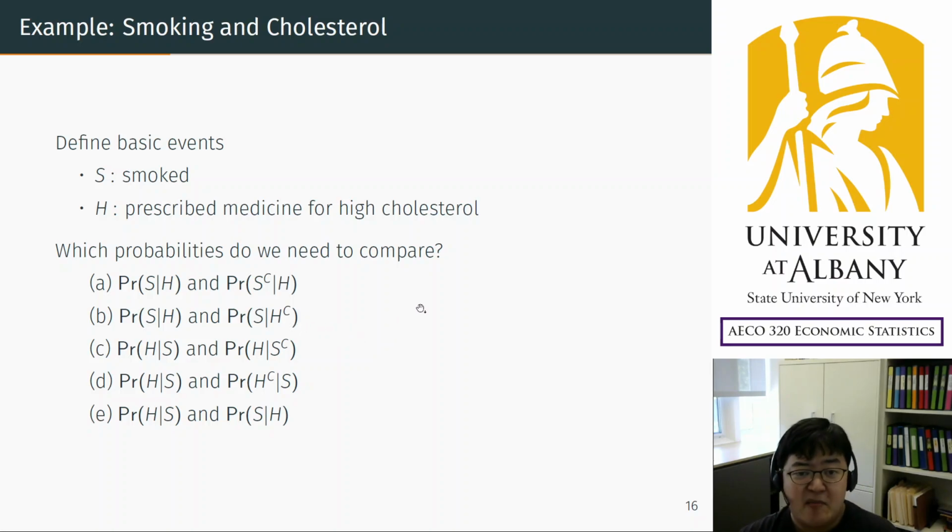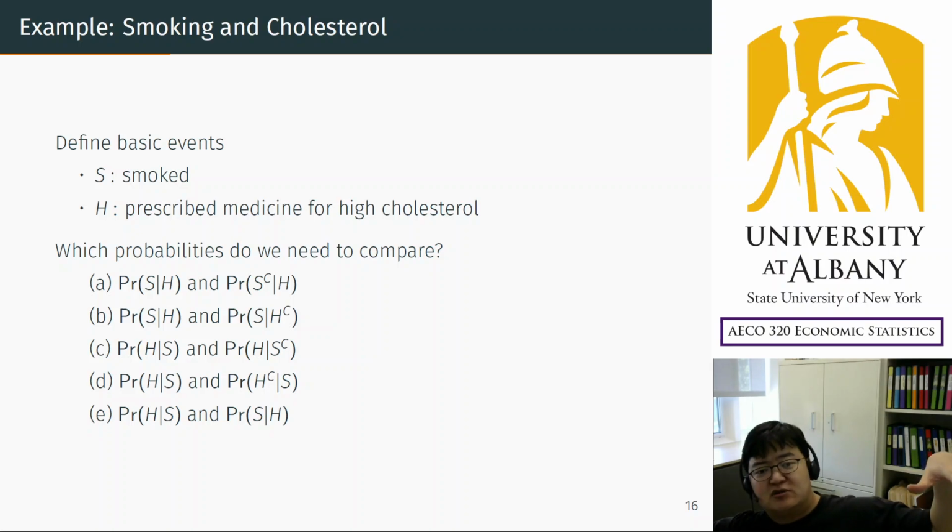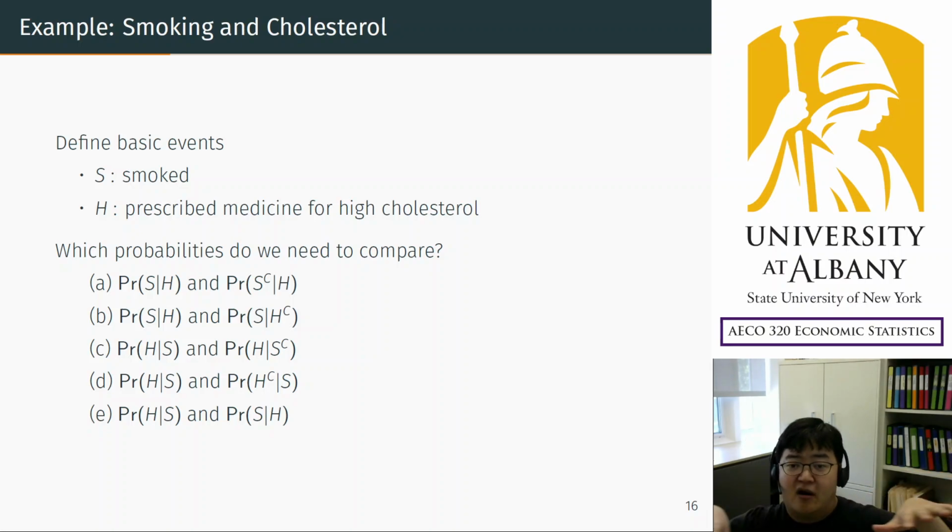And the answer is, remember, we are going to divide our sample into a smoking group and a never smoked group, and we compare across these groups using the probability, the risk of high cholesterol. So the main event is high cholesterol, and the condition is whether a person has smoked or not.